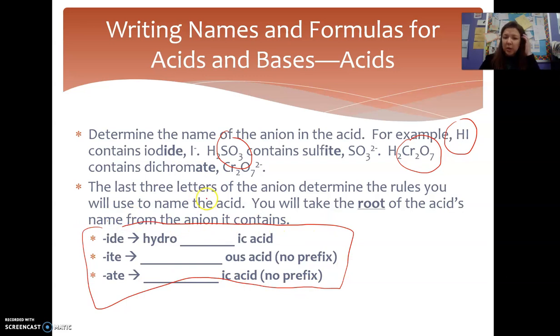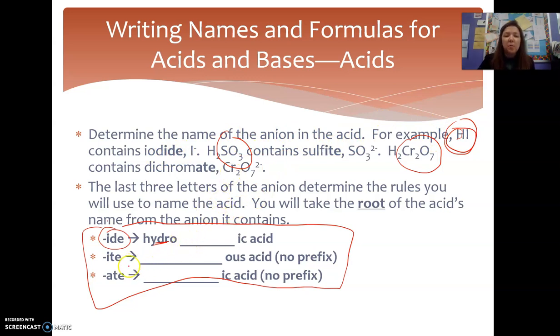You have three choices on how to name an acid depending on what comes after the H in the formula, okay? So if it's H followed by just an element, remember that's when we use that IDE ending, you would start with the prefix hydro every time, and then you're just going to put the root in there. So your example was iodide, or for HI up here, we call that hydroiodic acid, okay?